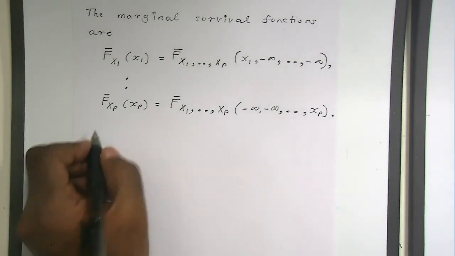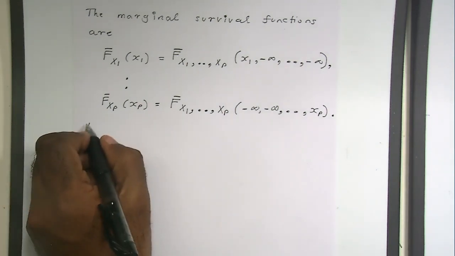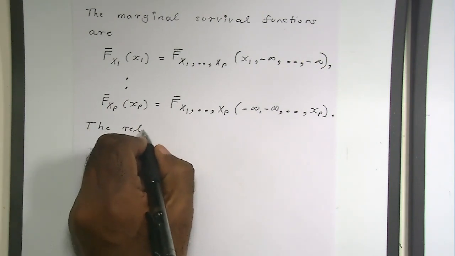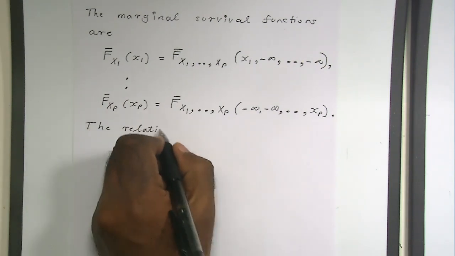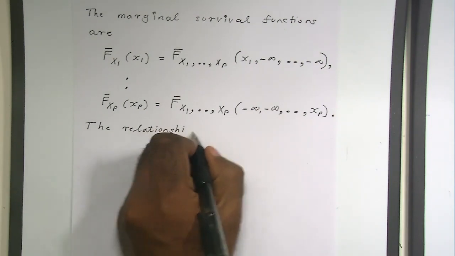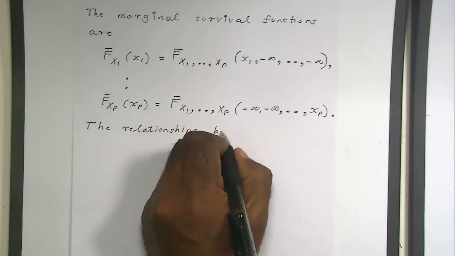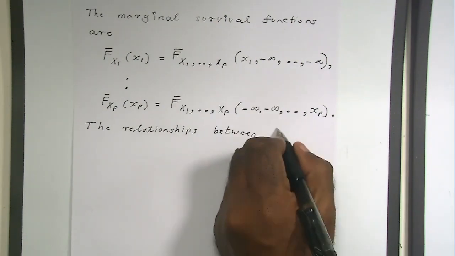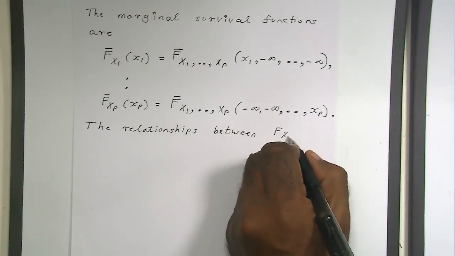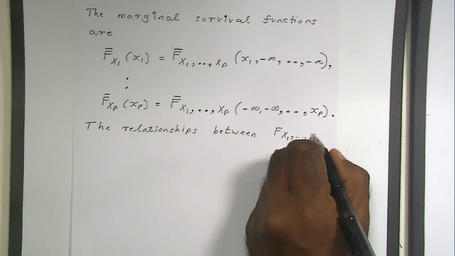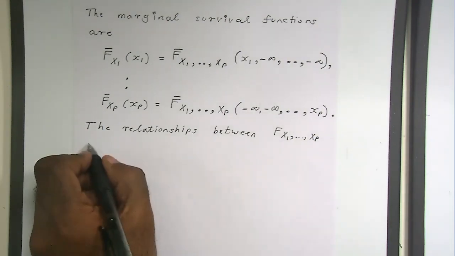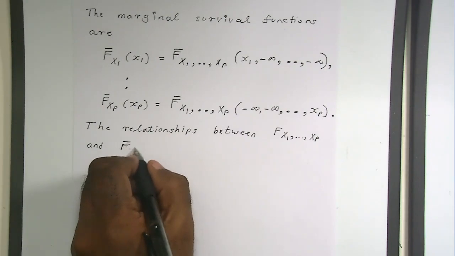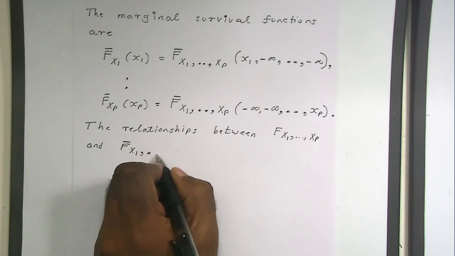And the next thing is the relationships between F of x1 to xp and F bar of x1 to xp.